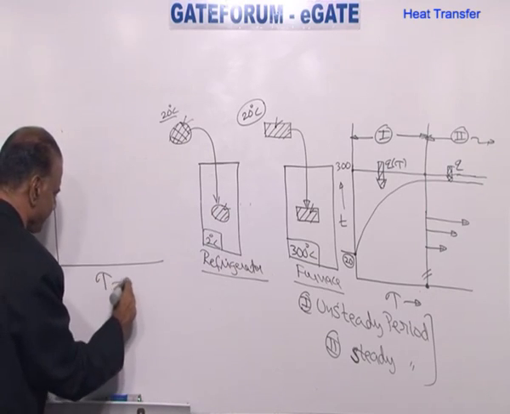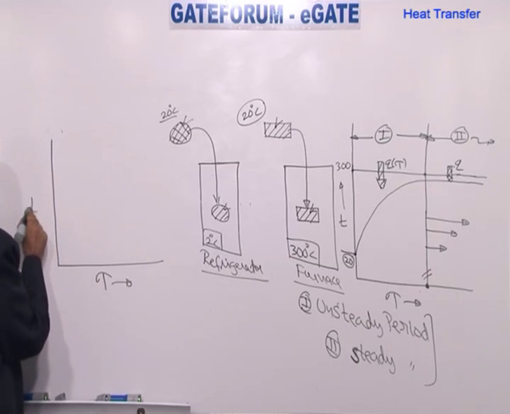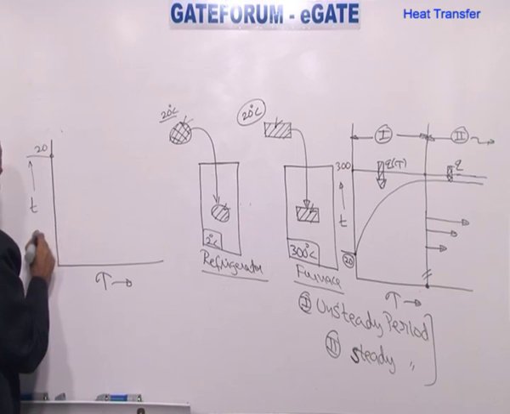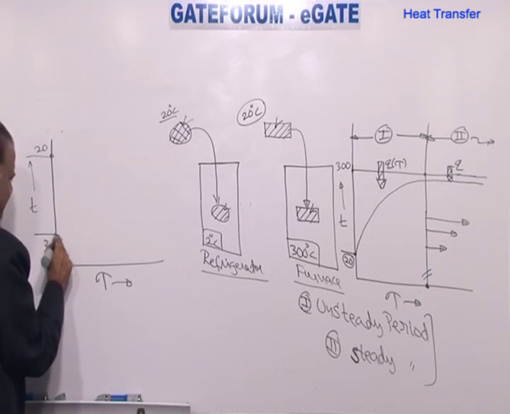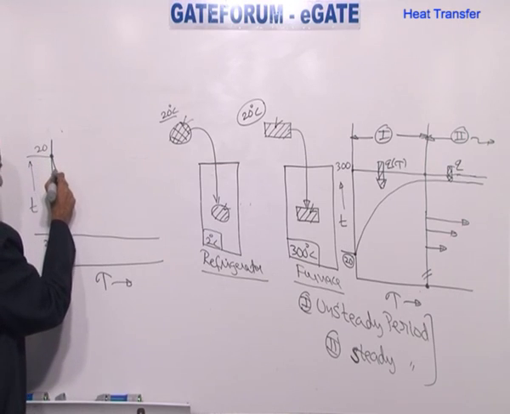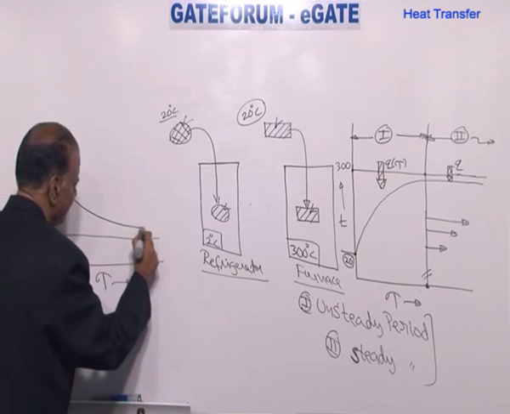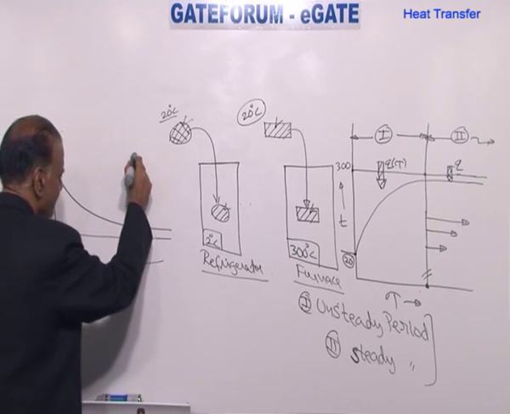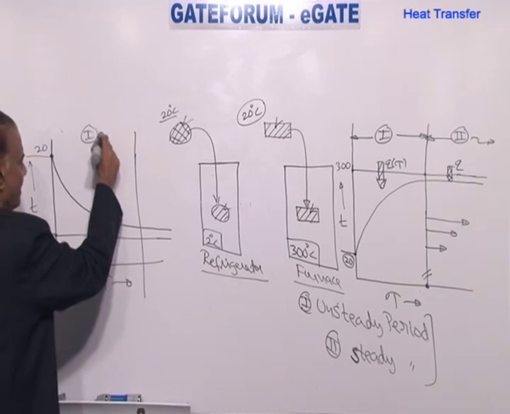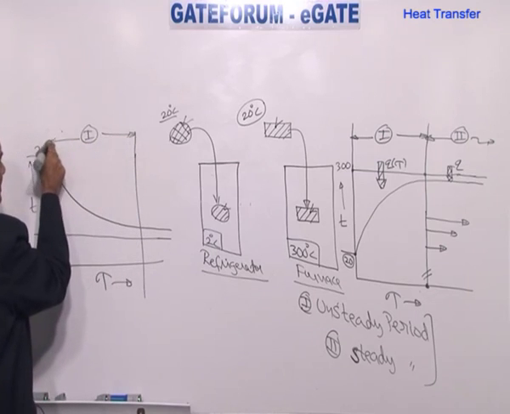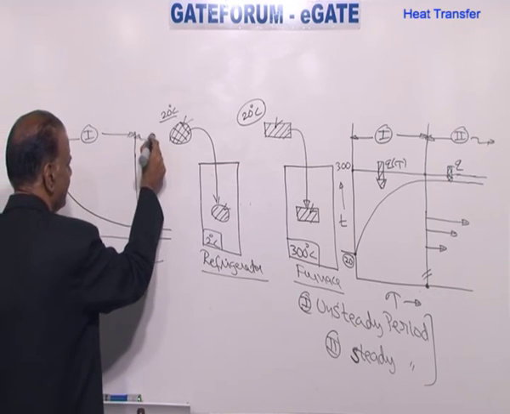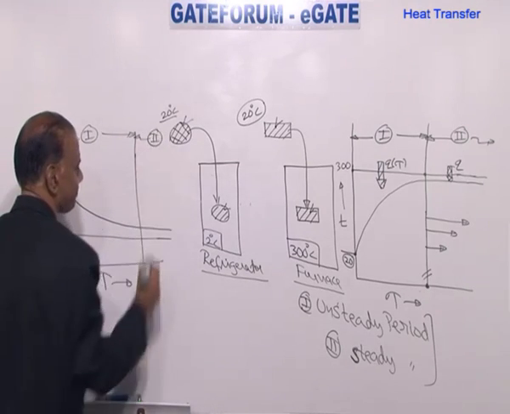X-axis we take time. Y-axis we take temperature. Initially, the fruit is at 20 degrees centigrade. All along, the refrigerator is at 2 degrees centigrade. And if you notice the temperature variation, it's going to drop very, very quickly in the beginning. Which means that there will be unsteady period in the beginning, during which temperature is changing very sharply with respect to time, followed by steady period.